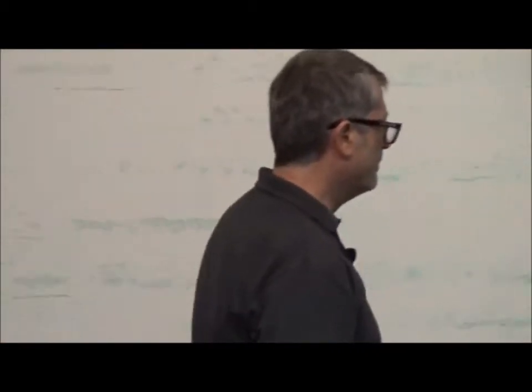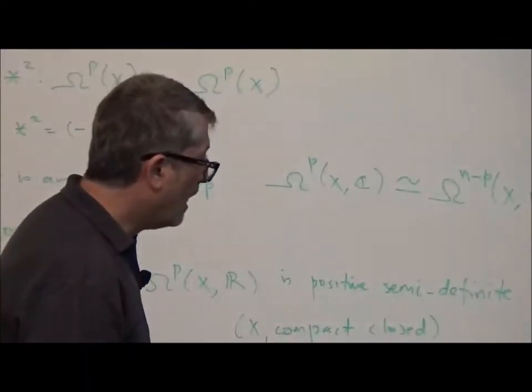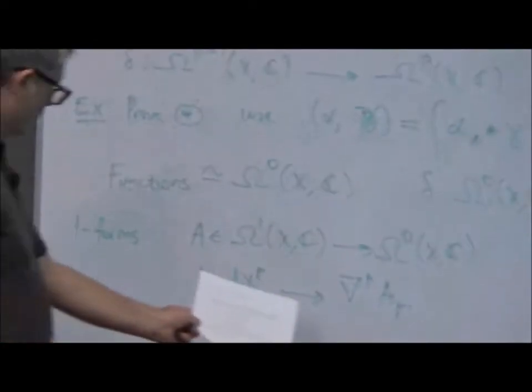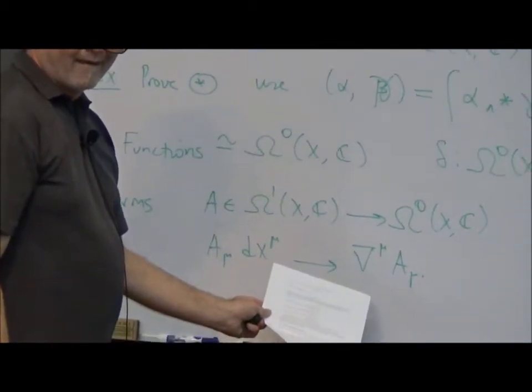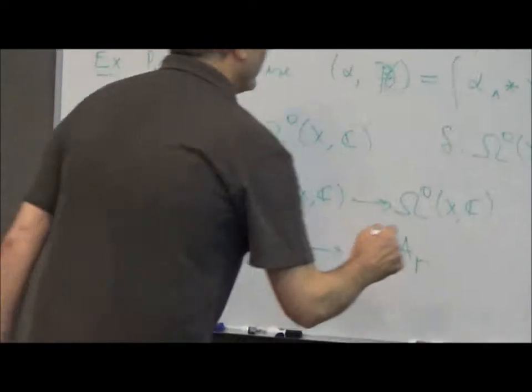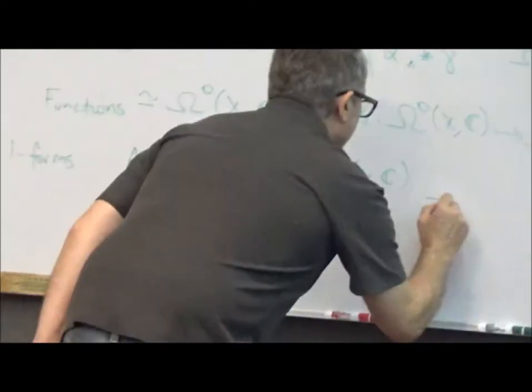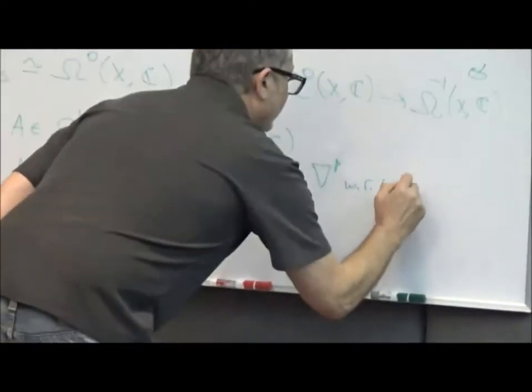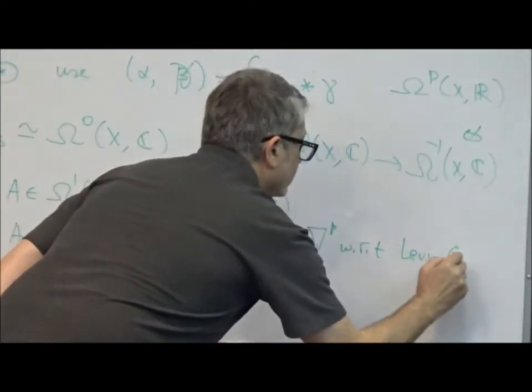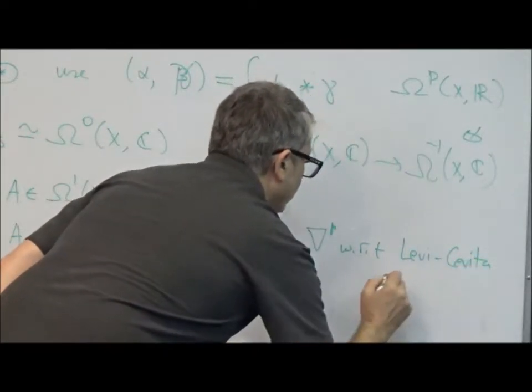Excuse me, the last symbol, is it a gradient? No. So yes, thank you. So this is the covariant derivative with respect to the Levi-Civita connection.